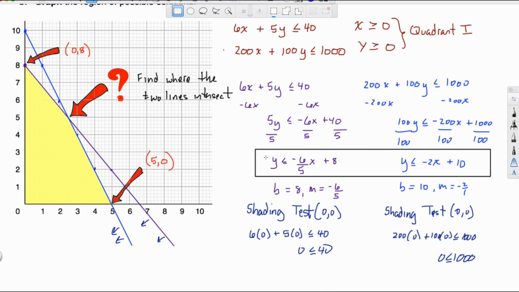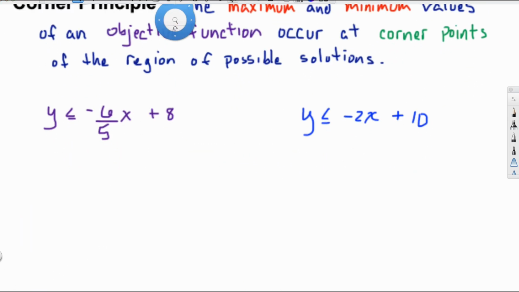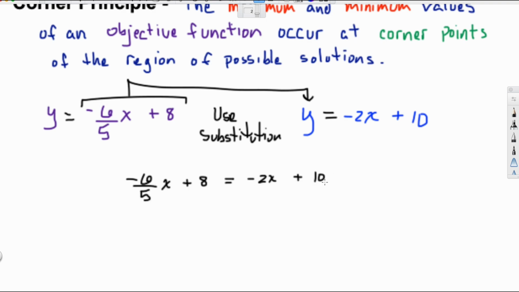So I'm going to grab these two equations that we've already solved for y, and stick them down here. And I'm going to get rid of these inequalities and just set them equal because I want to see where the intersection is. And since they're both solved for y, why don't we just use substitution and eliminate the y variable here, and we could solve for x.